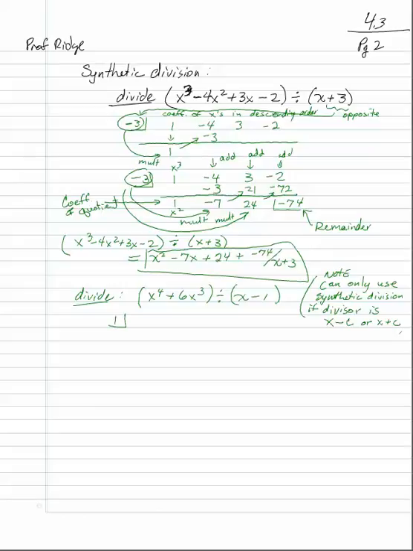This is degree x to the fourth, so I'm going to start 1x to the fourth, 6x cubed, 0x squared, 0x, and then the constant would be 0. So you got to put in all the missing terms. And then you bring down the first term, 1. We multiply, 1 times 1 is 1. We get 7. 1 times 7 is 7. And we're just going to get a bunch of 7s here.